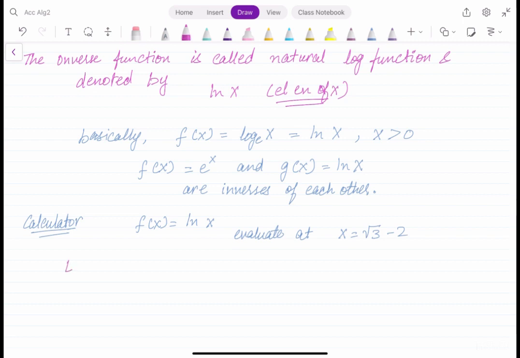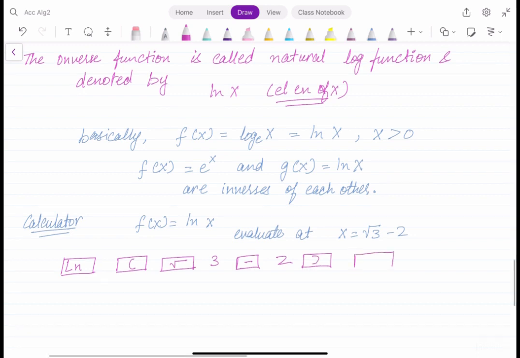First, you will hit the ln tab on the calculator, then hit the bracket sign, then hit radical, then 3, then hit negative, then press 2, then hit bracket closed, and then finally click enter.